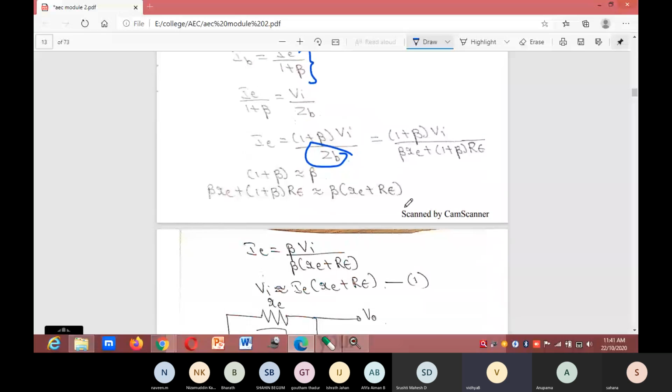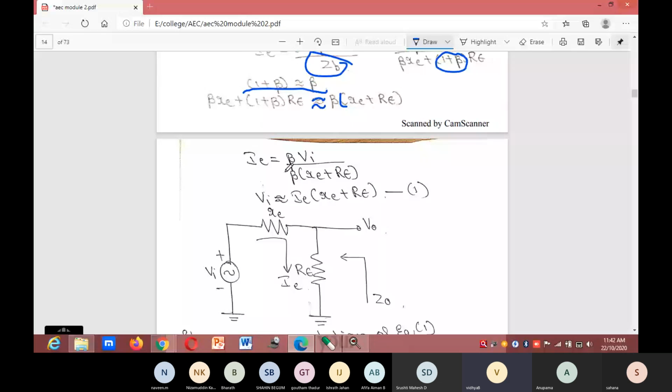Next we will consider that 1 plus beta is almost equal to beta, so we will replace 1 plus beta as beta. Beta RE plus 1 plus beta into RE equals beta open bracket RE plus capital RE close bracket. IE is equal to beta Vi.